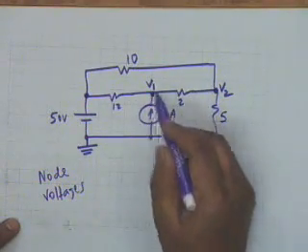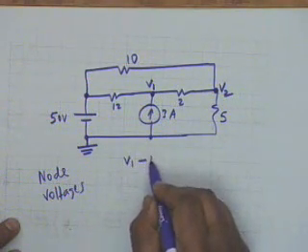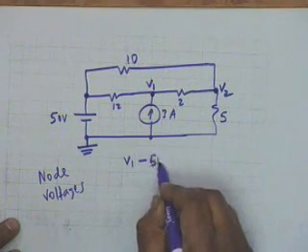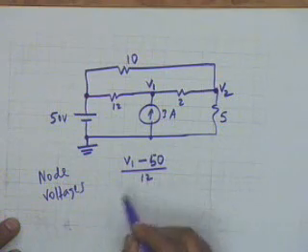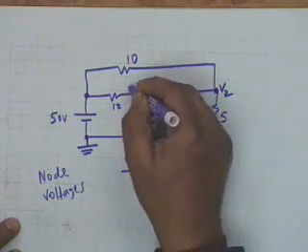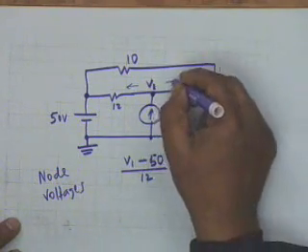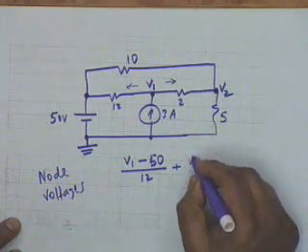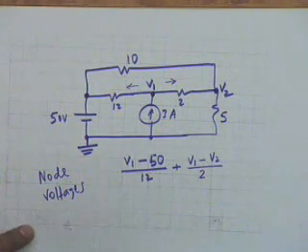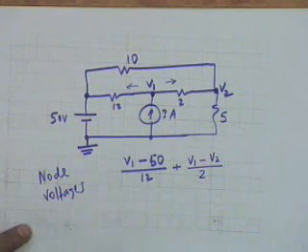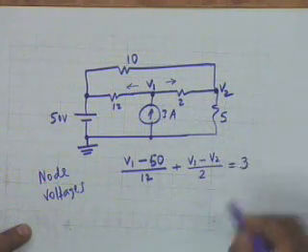At this node, the currents that are leaving are (V1 minus 50) divided by 12. This is the current that leaves in this direction, plus the current that leaves in this direction, (V1 minus V2) divided by 2, and the current that comes to the node is equal to 3.